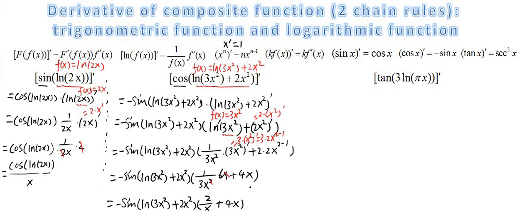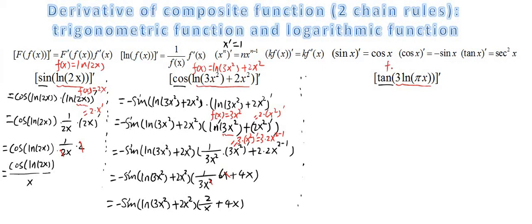Okay, now let's take a look at the last example. For the last example, again we can apply the chain rule. What is capital F? That is tangent. Okay, and what is little f(x)? That is 3 ln pi x.